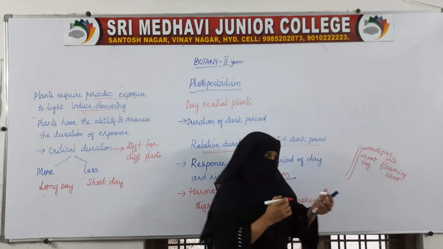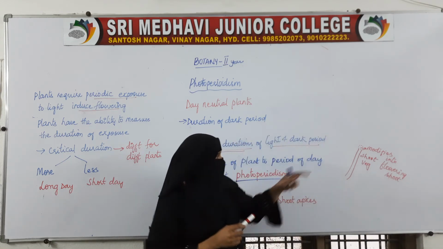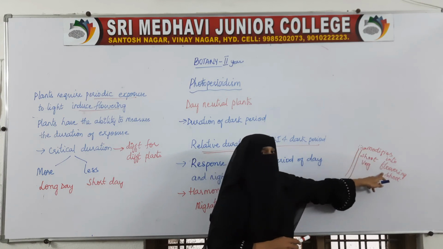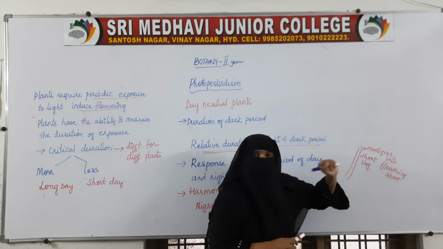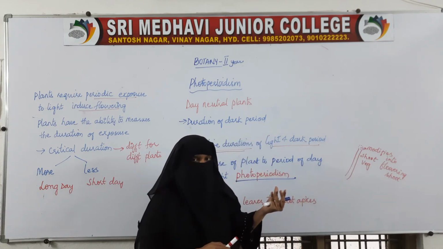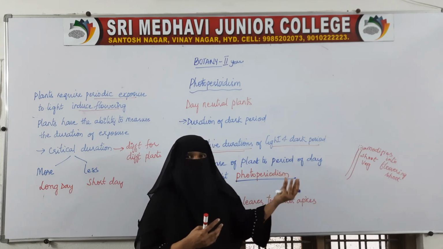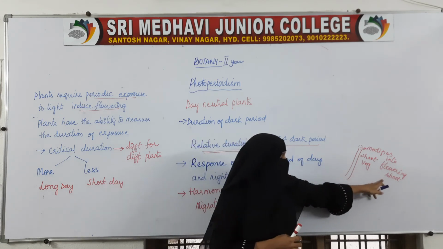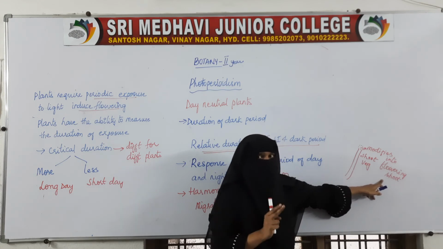Before flowering, the first change which is seen is that the vegetative shoot modifies into a flowering shoot. Here rapid cell division takes place, a bud is formed, and then it changes into a flower. This is the first change.